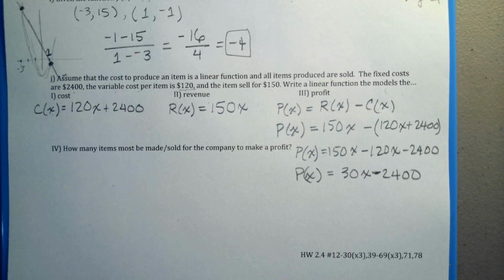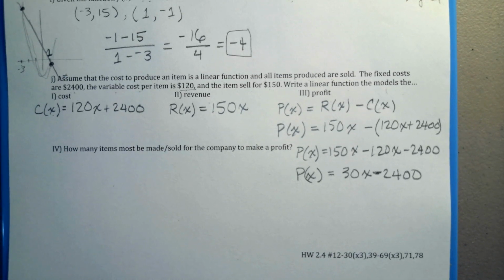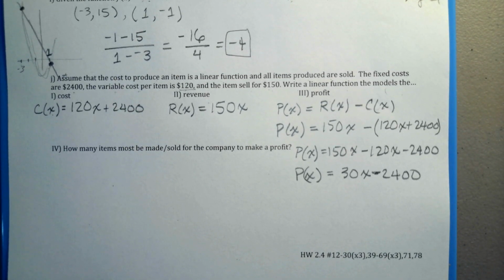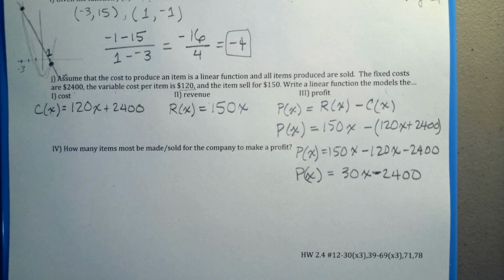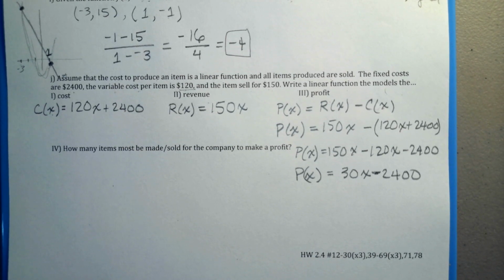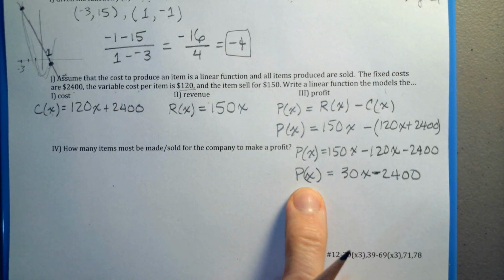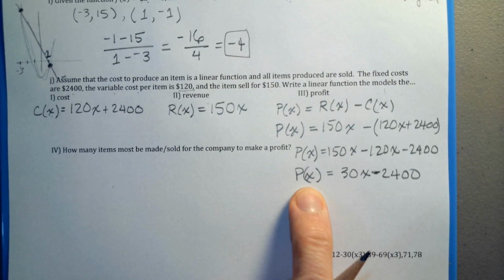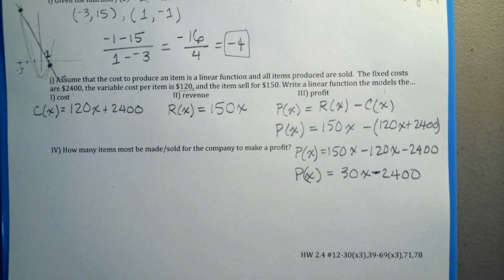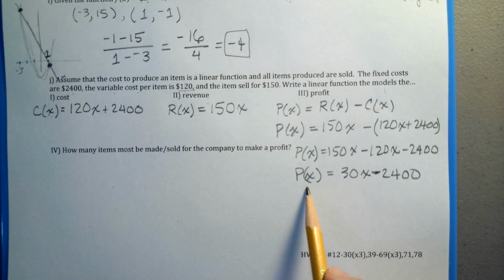All right, and then how many items must be made and sold, because if you make it, you're going to sell it, for the company to make a profit. So we want the profit to be positive, right? If your profit is negative, then obviously you're not making a profit.